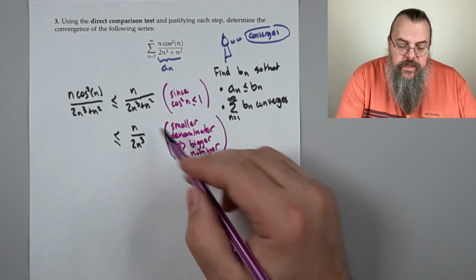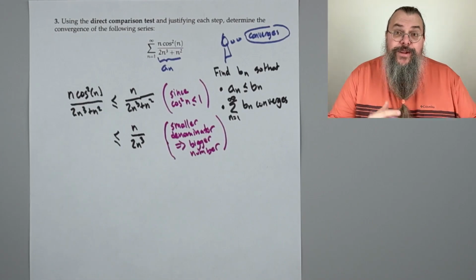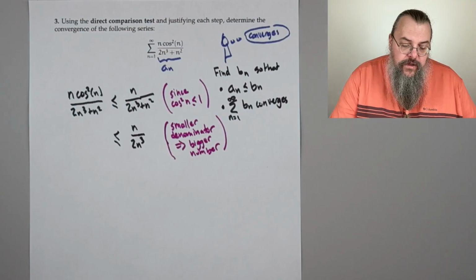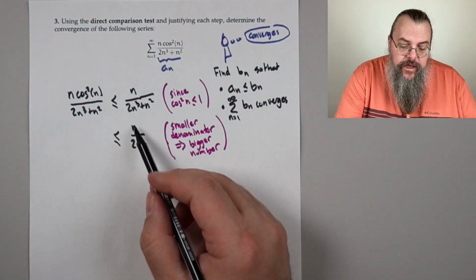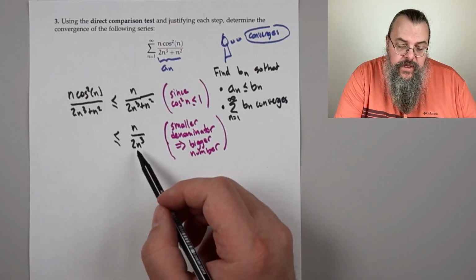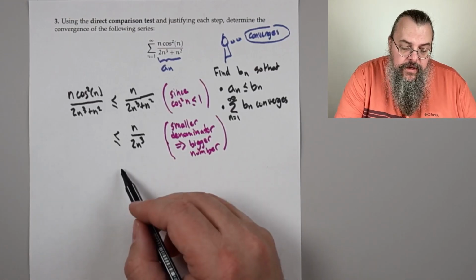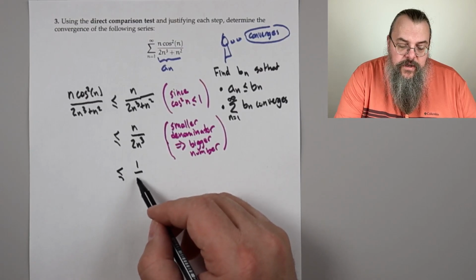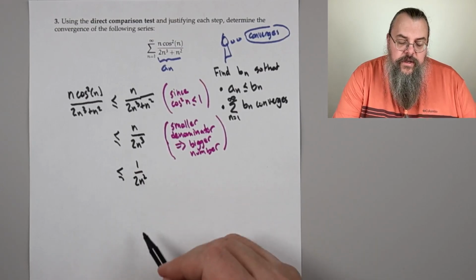By removing the n squared, we've made the denominator smaller. And now we say, what can we do? We can cancel an n. That's algebra. And we can say that's less than or equal to 1 over 2n squared.